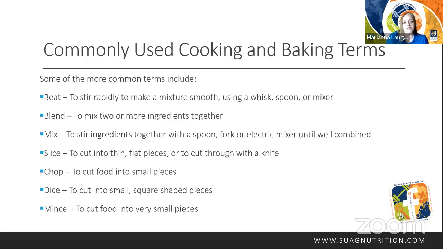Slice. That just means that you're going to cut everything into thin, flat pieces or to cut through with a knife. Chop. That's when you're cutting that food into small pieces. Dice simply means you're going to cut it into small, square-shaped pieces. And mince would be very tiny pieces of food.